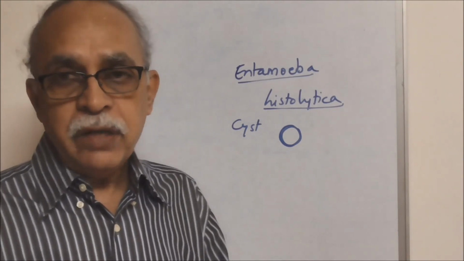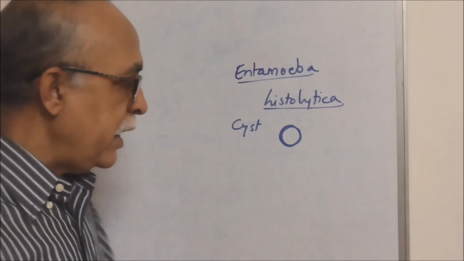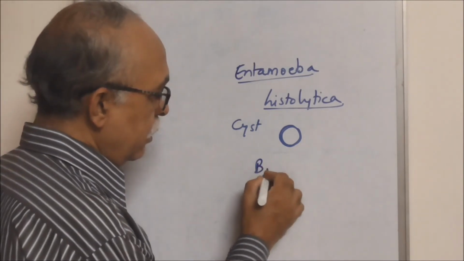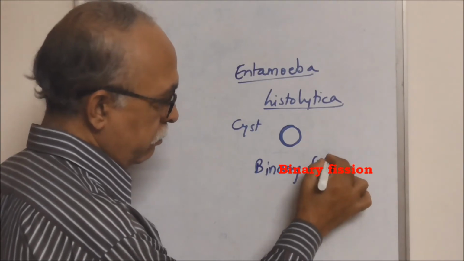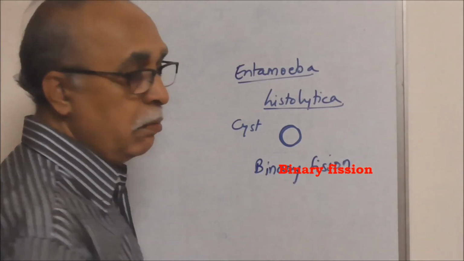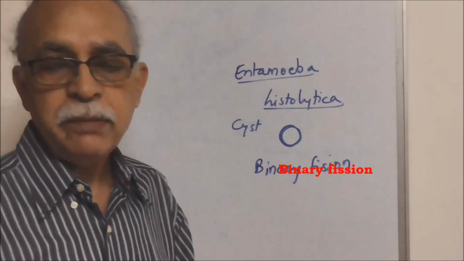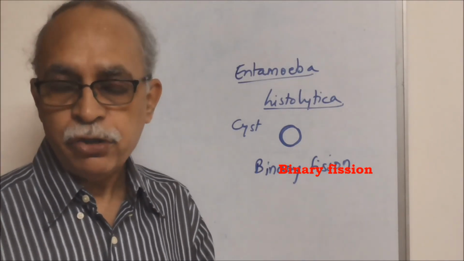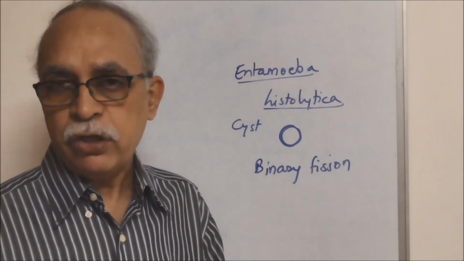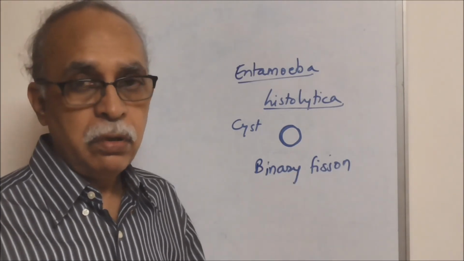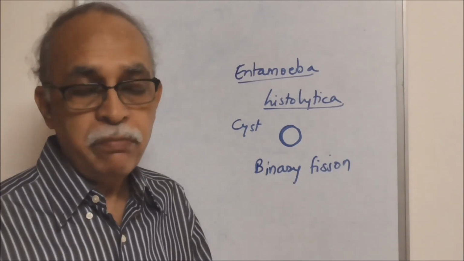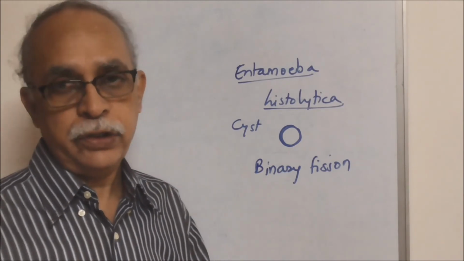And there it actually starts multiplying, and the multiplication is mostly by binary fission. So it goes through repeated cycles of binary fission. But then, as I already mentioned, a repeated attack on the tissue may cause death of the host.